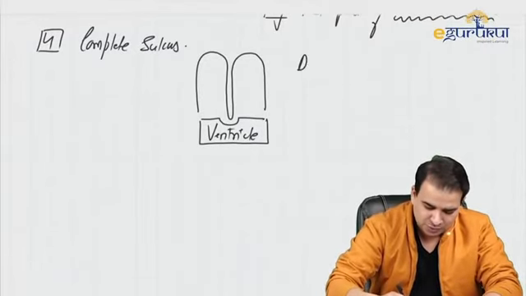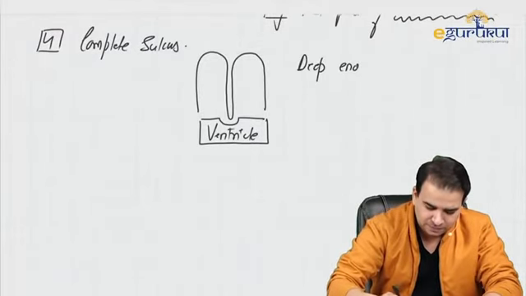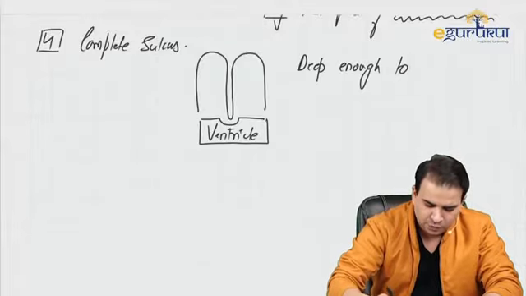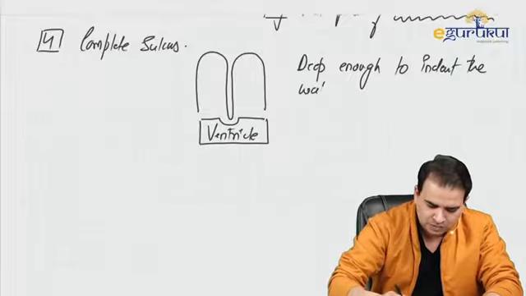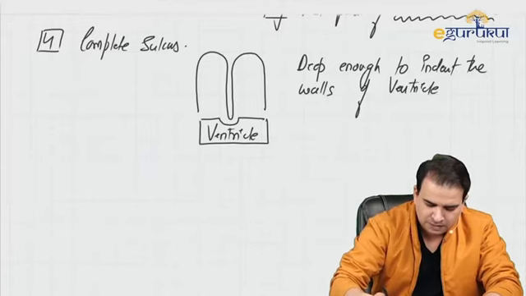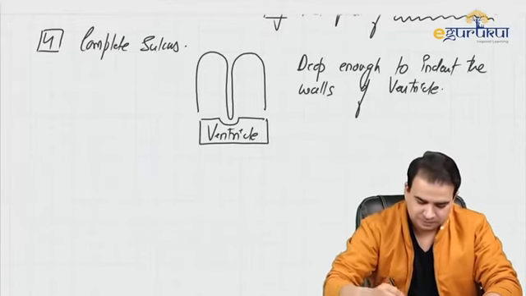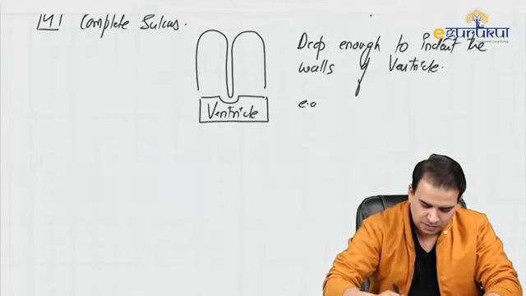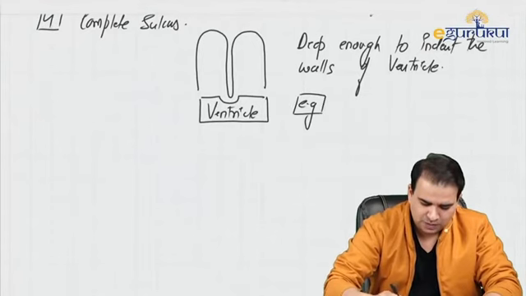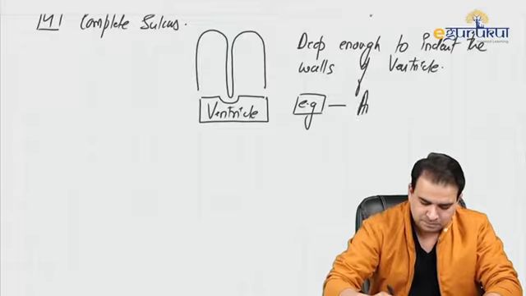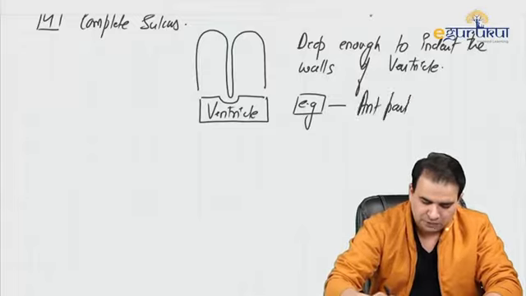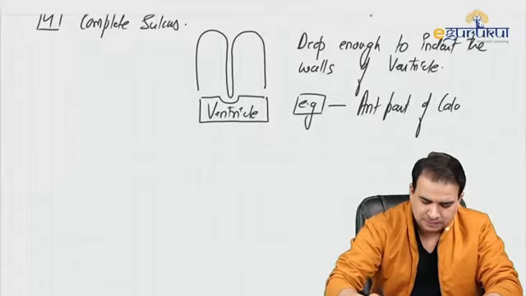So these are the sulci which are deep enough to indent the walls of the ventricle. The examples for this type would be, one, the anterior part of the calcarine sulcus.